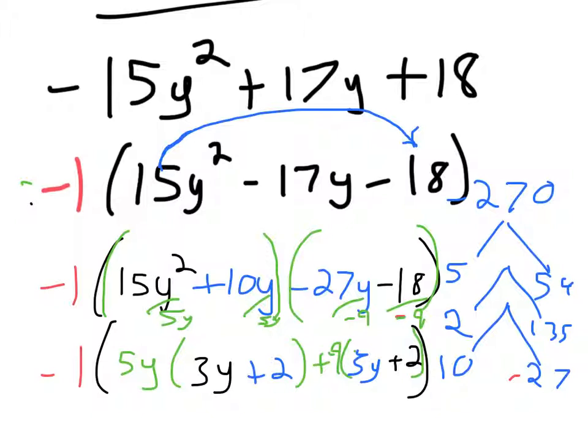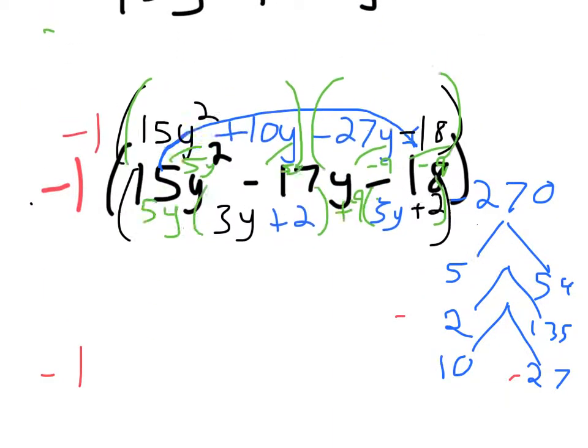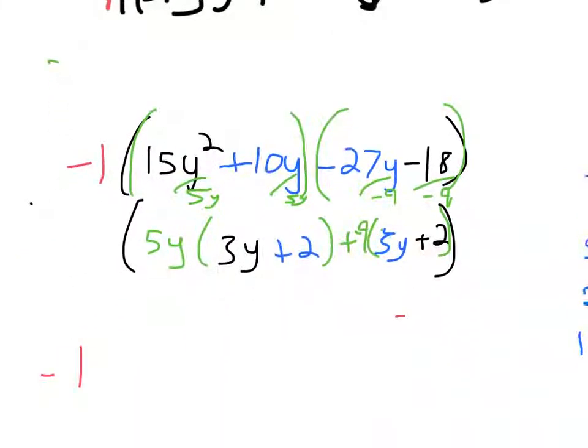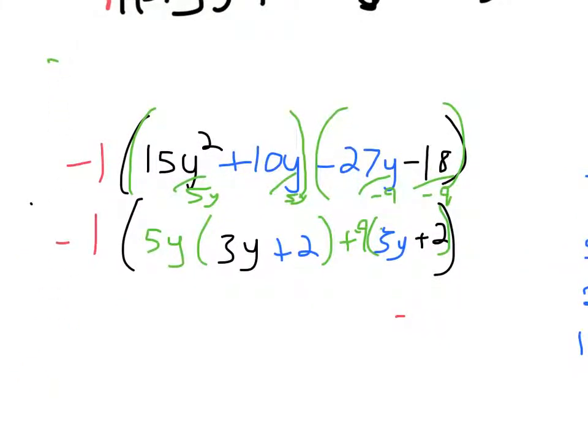Okay, and so that's factoring by grouping. And what you should see when you factor by grouping is, let's get rid of this up there, that over there. That looks a little less cluttered. When you factor by grouping, you should see two parentheses that are the same if you've done it correctly. And we've got it right there, a 3y plus 2 and a 3y plus 2.